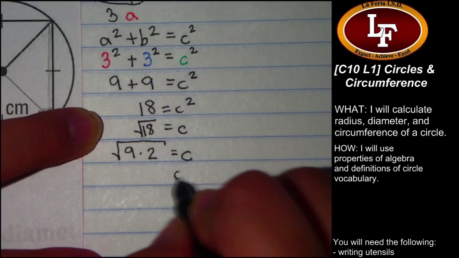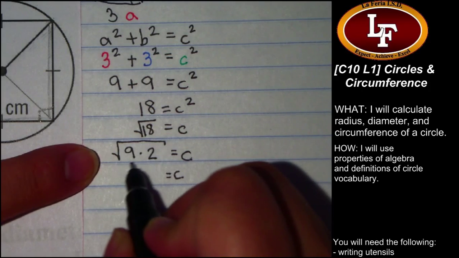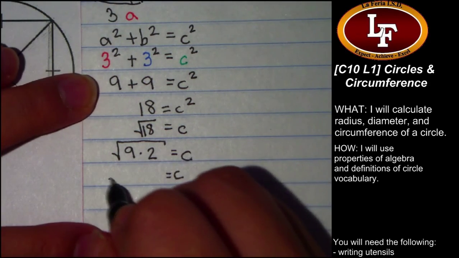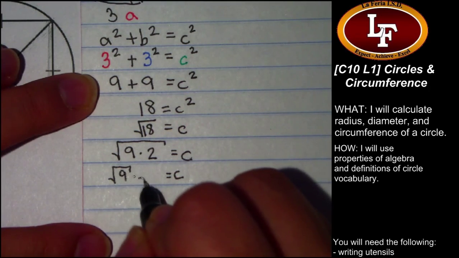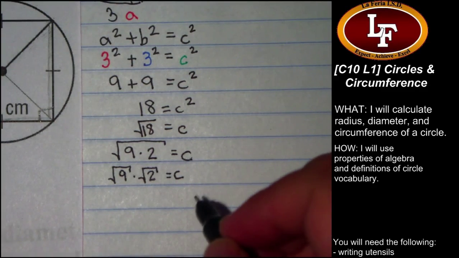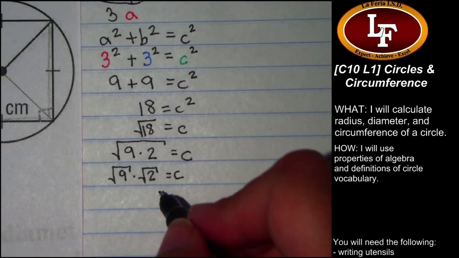Now that I've got factors in there, I'm going to look at them and notice that 9 is a perfect square. It comes from 3 times 3, which means that this is in a helpful state, and now I can break this radical, in which the radicand, the thing inside, is being multiplied together, into 2 different radicals where the radicals are being multiplied together.